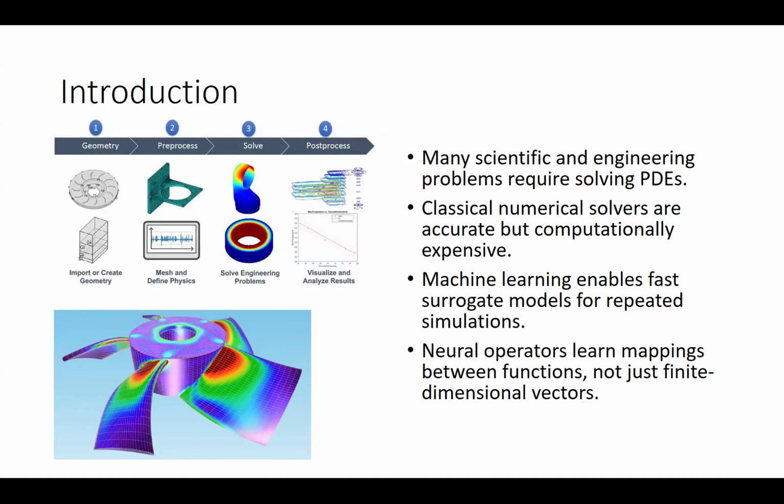Standard networks just map vectors to vectors on a fixed grid, but neural operators are different. They learn mappings directly between infinite-dimensional functional spaces, and that means they are completely mesh invariant.